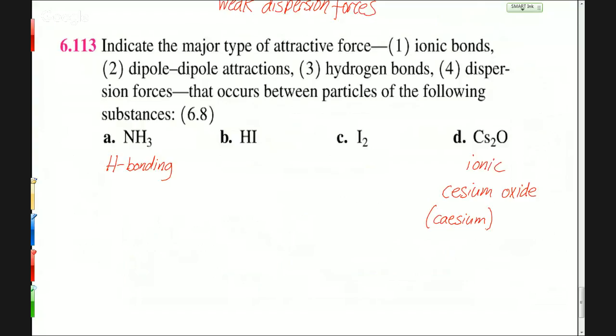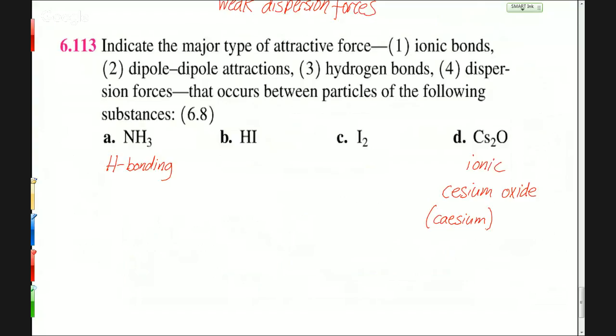What are the attractive forces in these others? HI and then I2. Which one? B is dispersion forces, or C? Both? Both are nonpolar?